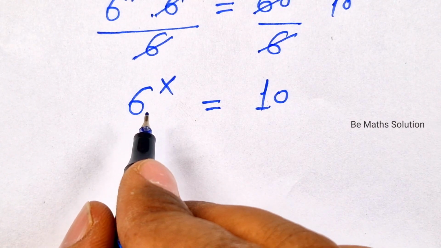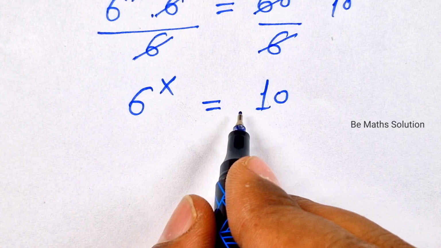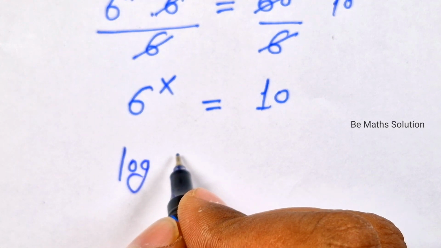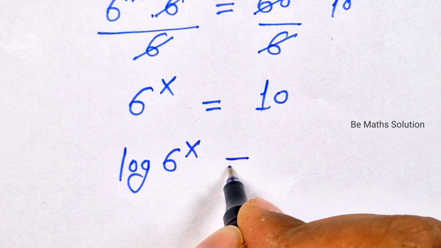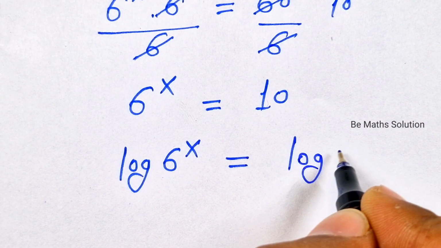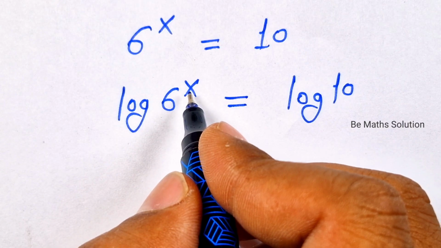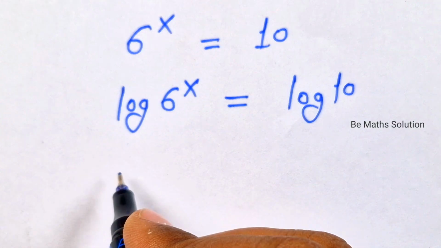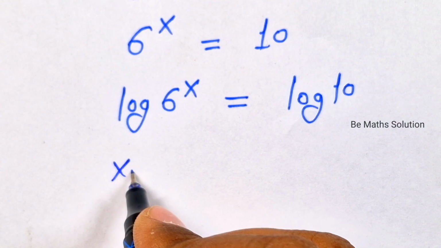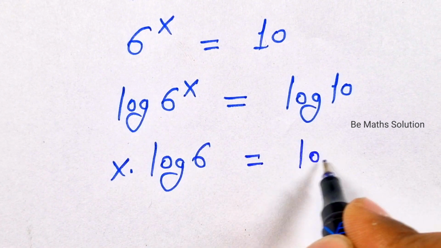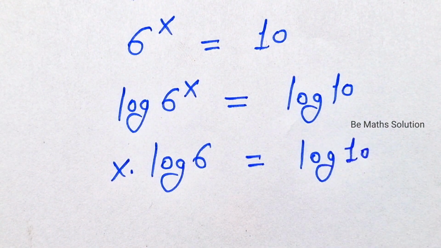Then here we will apply log on both sides. So it will be log of 6 raised to power x is equal to log of 10. Then this power x will move in front of the base. So it will be x into log of 6 is equal to log of 10.